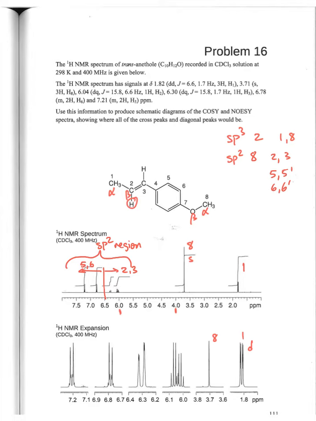What this is, it's a doublet. We're looking at this peak. It has that one neighbor, that's a doublet. That doublet is split by these 3 into a quartet. So this is called a doublet of quartets. Can you see those peak shapes in there?